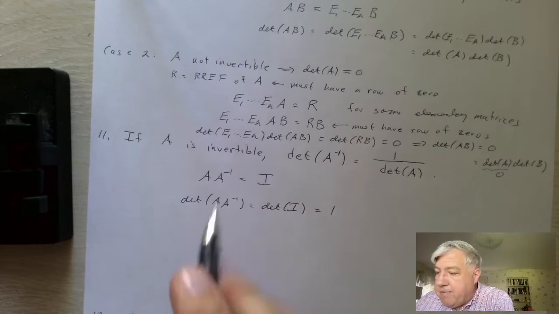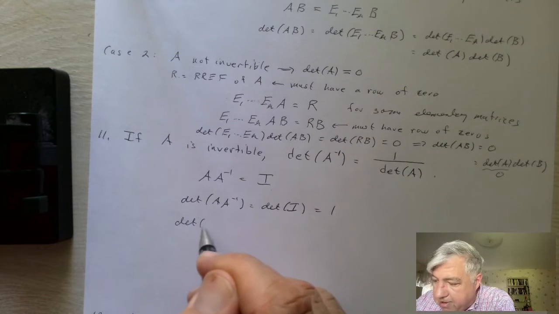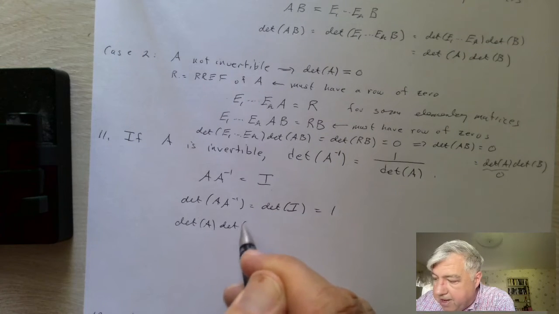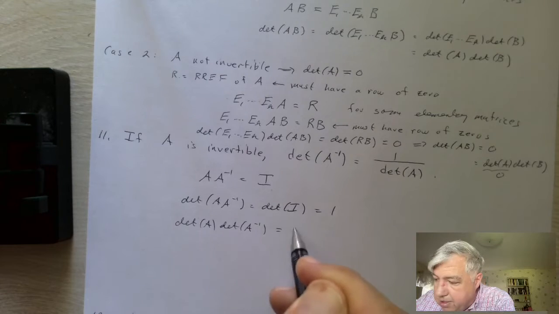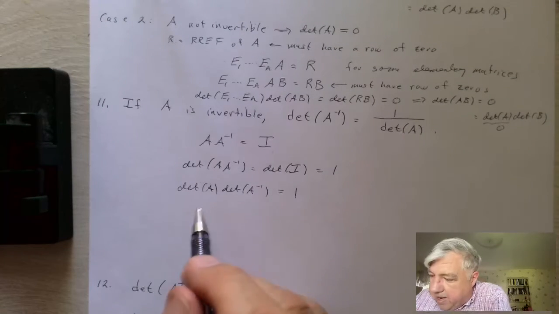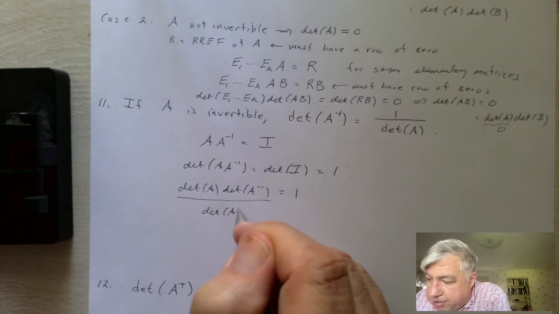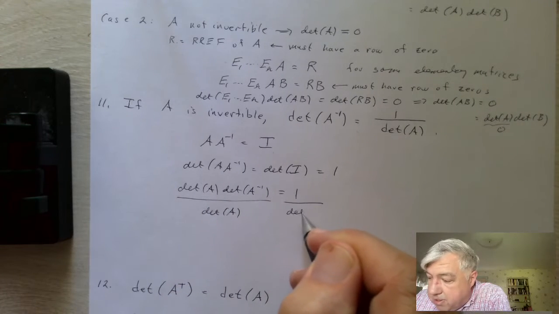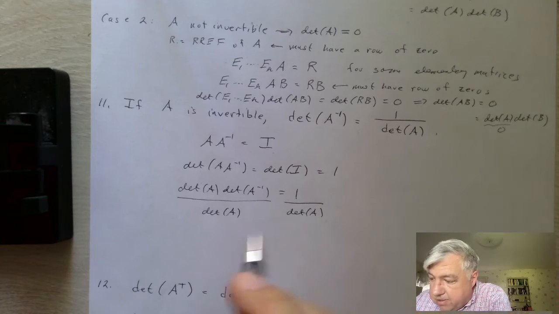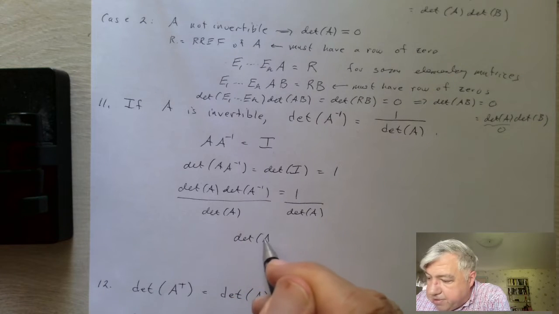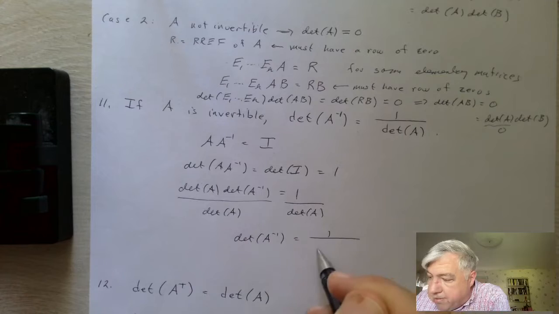From the previous result, we can break this up as the determinant of A times the determinant of A inverse. Then we can divide both sides by the determinant of A, which we can do because A is invertible and the determinant of A is not 0. So we get that the determinant of A inverse is 1 over the determinant of A.